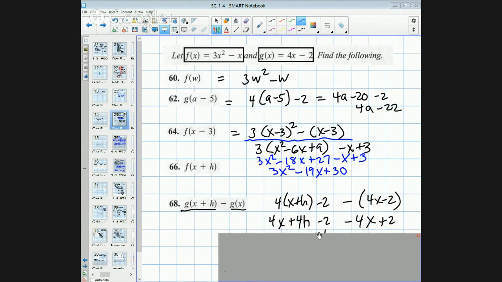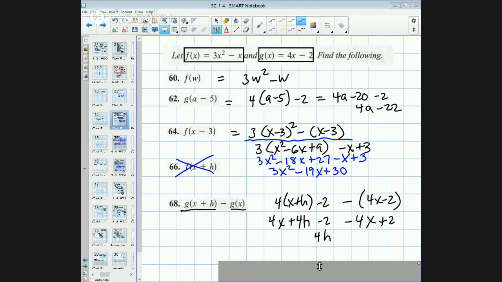Okay, this one I just didn't do. Let's go to 68 down there on the bottom. So this time it says, find g of x plus h, and from it subtract g of x. By the way, does that at all look familiar?